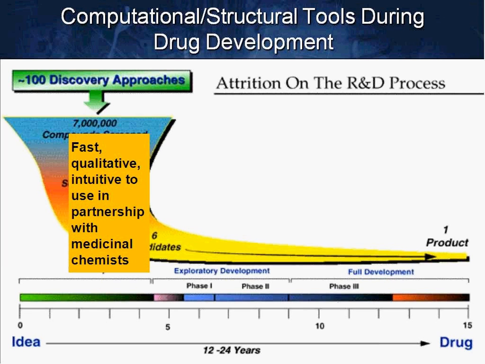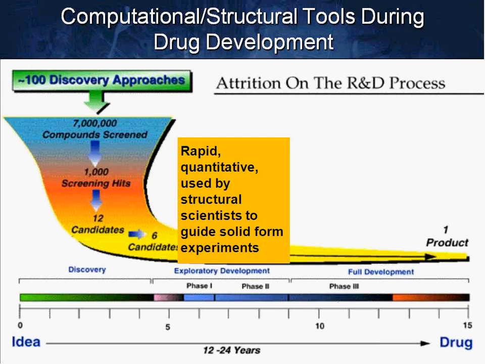So when would you use these tools? I think this is one of the areas that as a community we probably want to consider. As you go through this attrition funnel, if we're working early with medicinal chemists actually trying to shape the crystallizability of some early molecules, what we want is some fast tools that are intuitive, easy to use in partnership with the medicinal chemist.